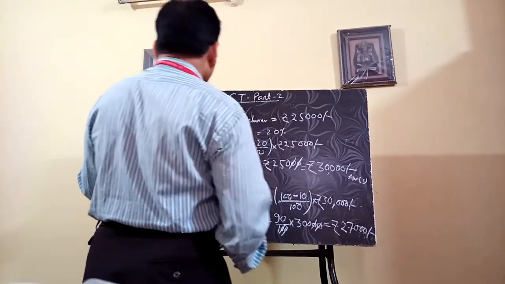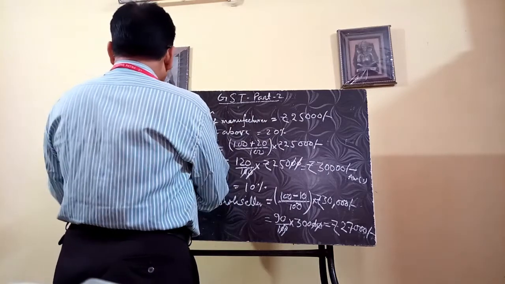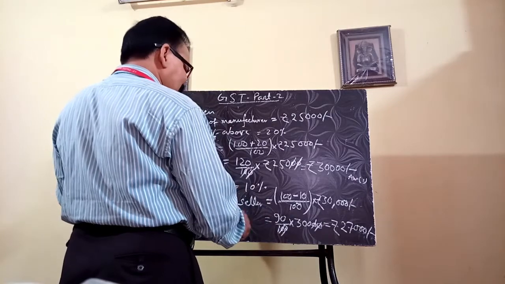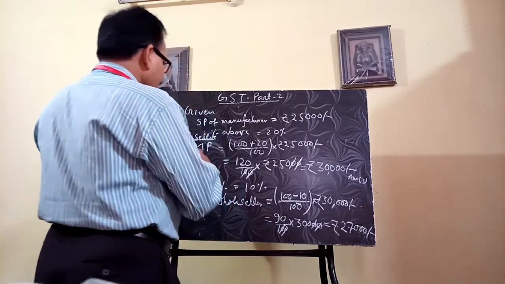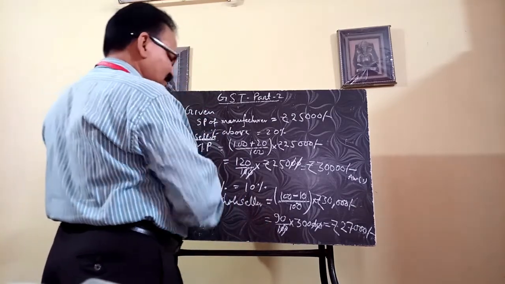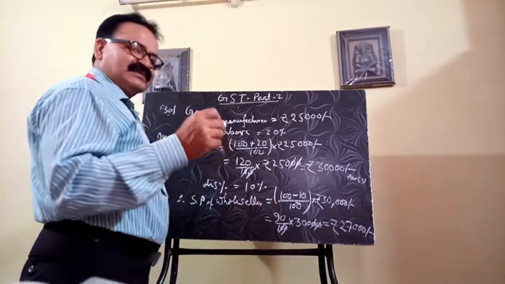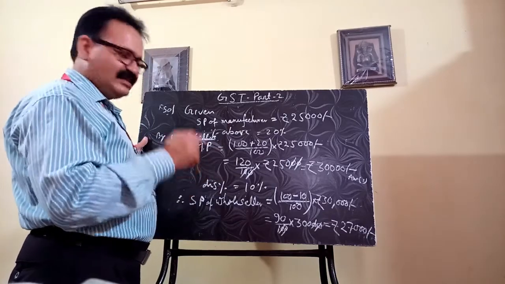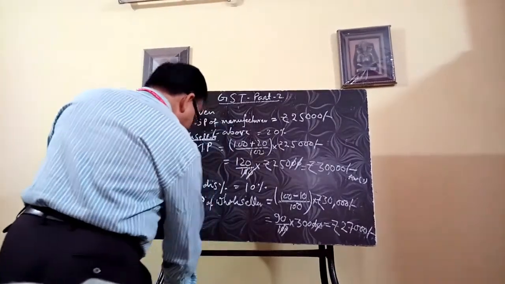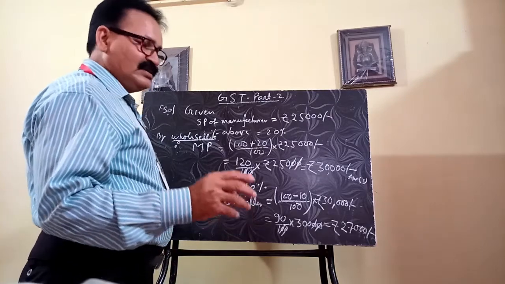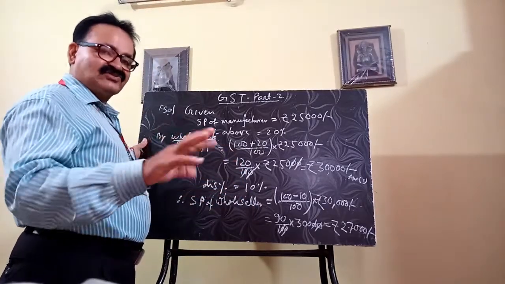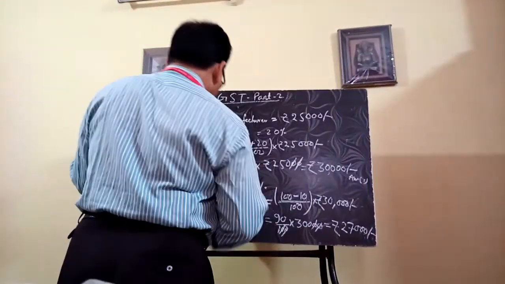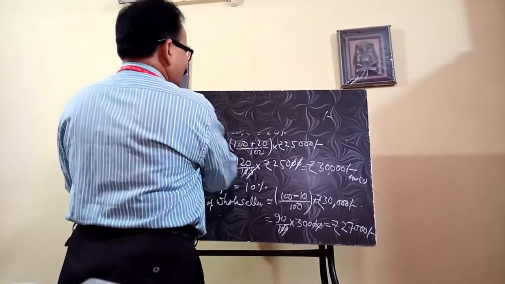Clear? Now the next part of this question: while selling, the wholesaler now charges the GST. Since all transactions take place within the same state, the total GST is to be divided into two parts, CGST and SGST.